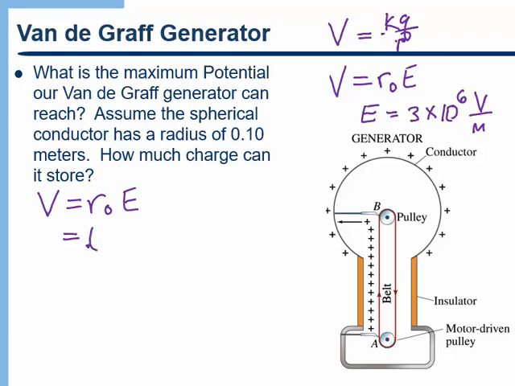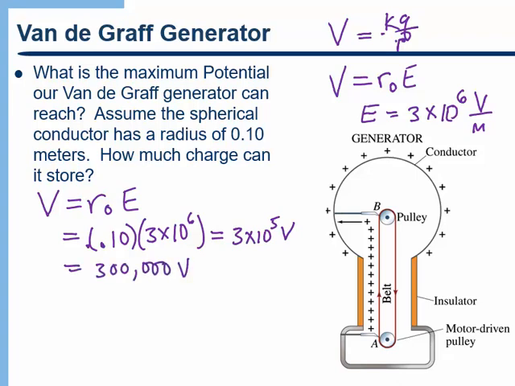I was jumping ahead to the answer. So we've got 3 times 10 to the 6th volts per meter times 0.1 meters, you'll notice gets us to volts, and that would be 3 times 10 to the 5th volts, or 300,000 volts. So our little Van de Graaff generator can get up to 300,000 volts.